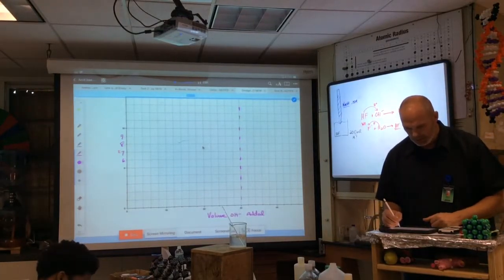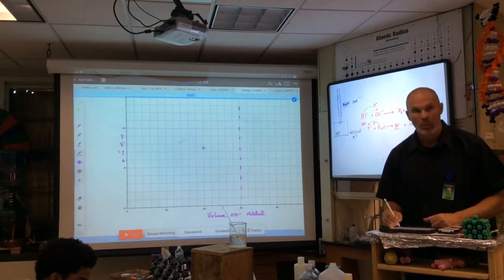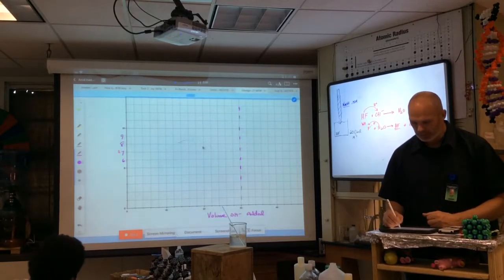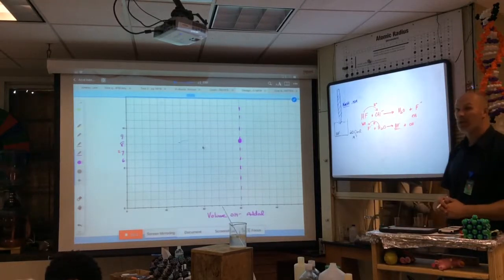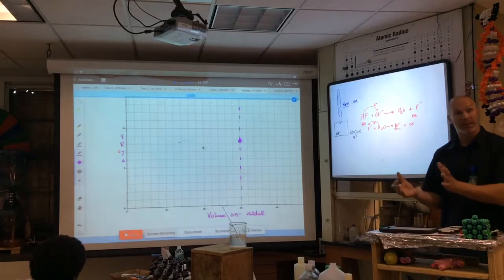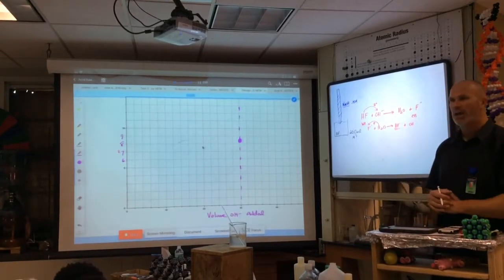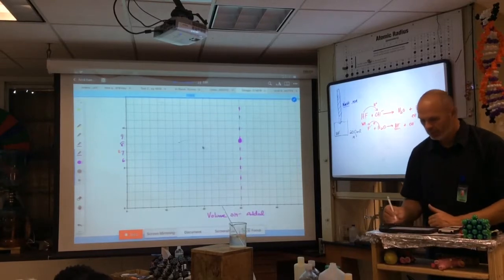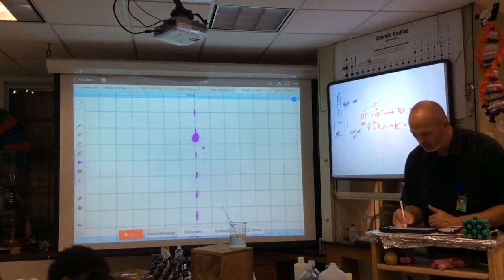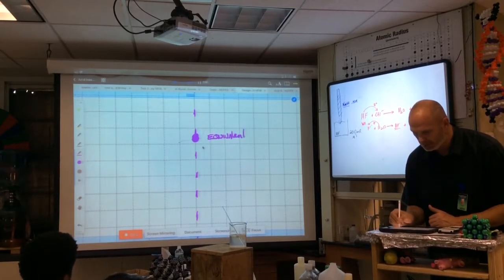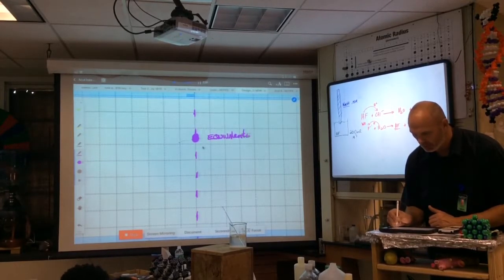So we're going to estimate that point, and we will calculate that point later in the year. So I'm going to put it above 7. That's an estimation. You're going to do this again in the springtime with everything but the addition. You'll be like, oh my gosh, some of this makes sense to me now. So we're going to estimate. That's an estimate. But that is, of course, my equivalence point. And again, you couldn't estimate that on your lab.